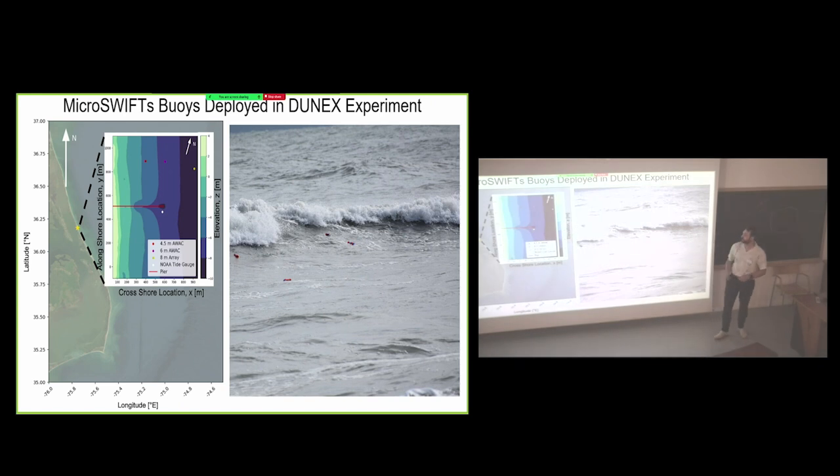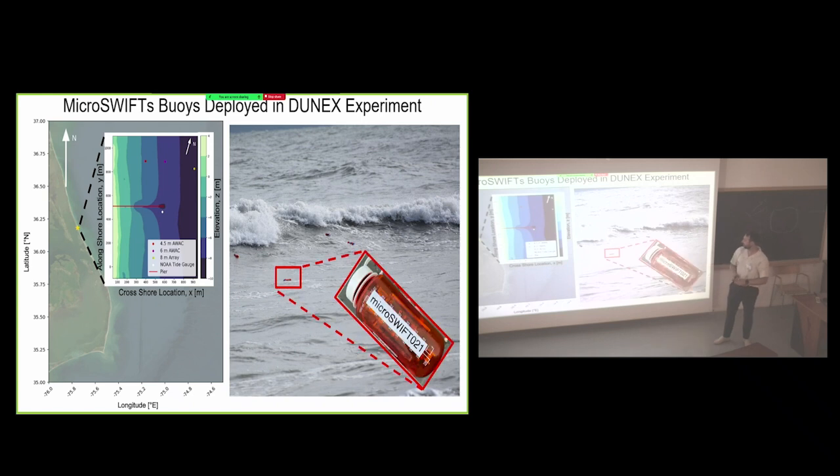Here are those little microSWIFT buoys, a few of them about to interact with a breaking wave during this experiment. Let's zoom in on one right here. They just fit in a little water bottle. They're outfitted with a GPS receiver and also an inertial measurement unit. We go out in the surf zone, drop them off, and watch where they go.